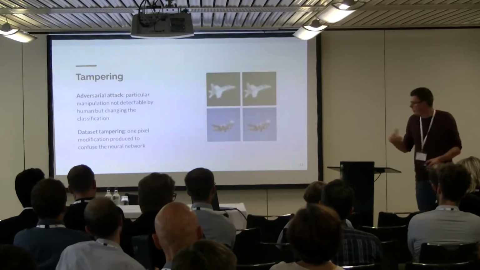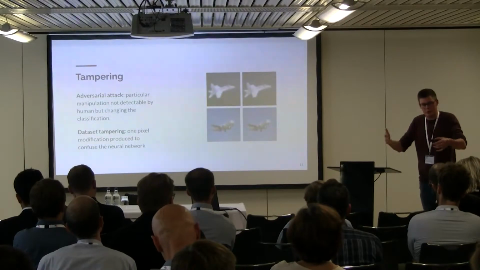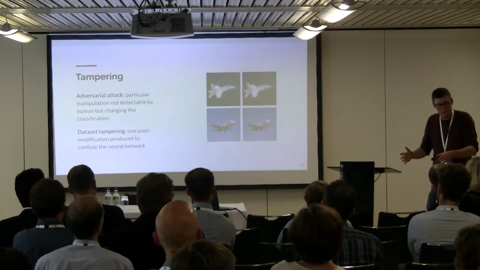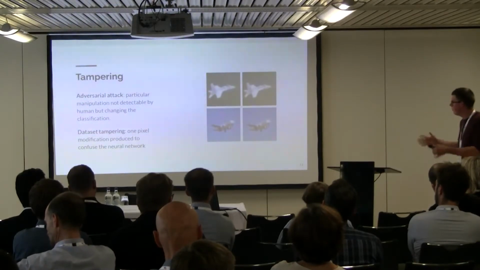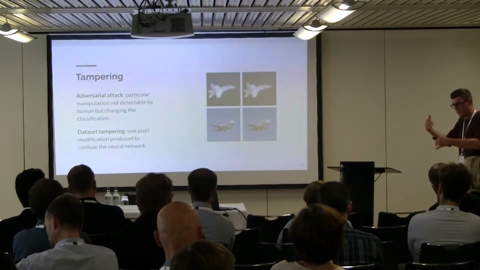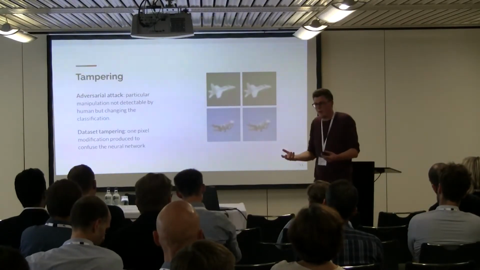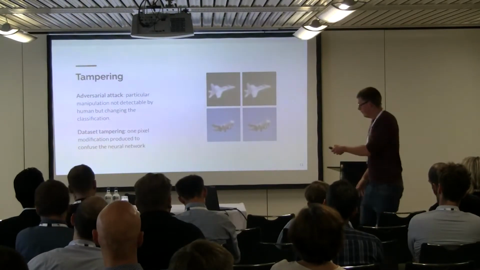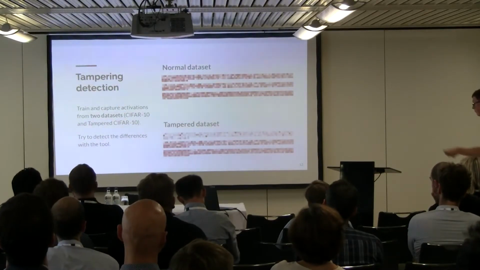The problem with dataset tampering is that if you train on a non-tampered dataset and on a tampered dataset, it's most probable that at the end you will have the same accuracy, so you can't see it with the accuracy number. Now we are going to see what the tool says.